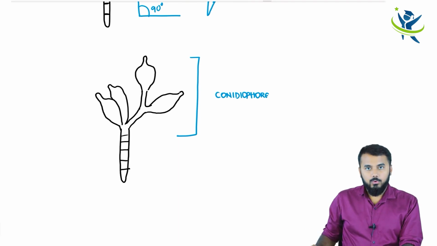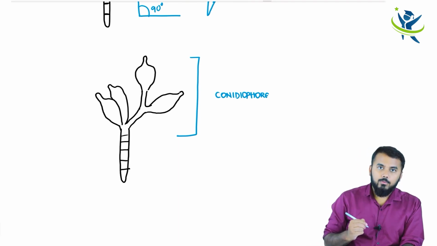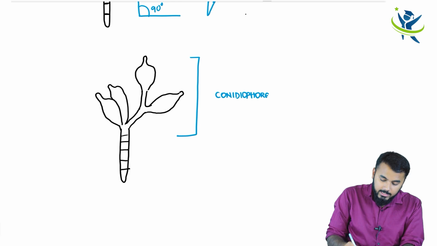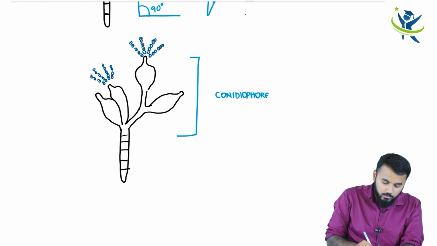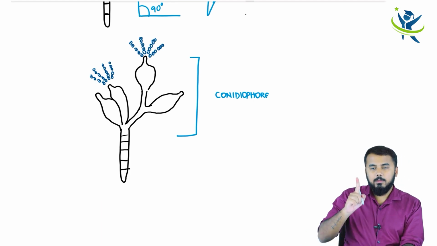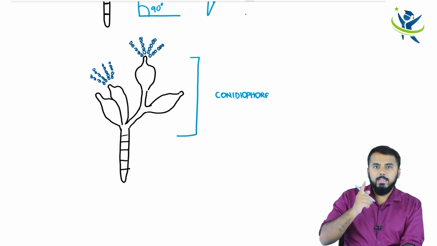It has a conidiophore. Now at the tip of the conidiophore, there are some things that are getting released. Look here. There are some small round, bud-like structures emerging from this conidiophore, right? How are they emerging, guys? They are emerging in the form of radiating spikes.